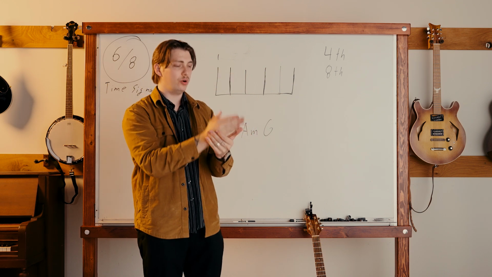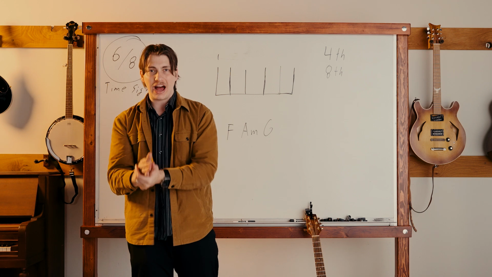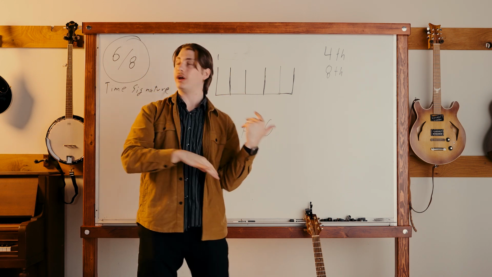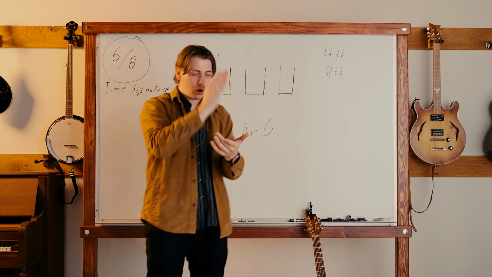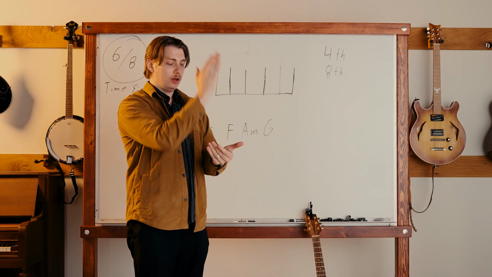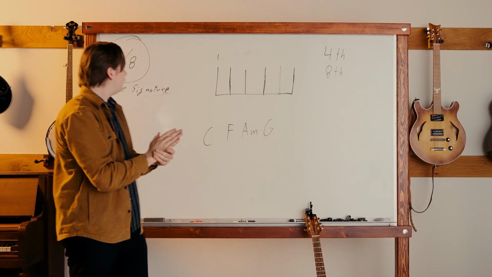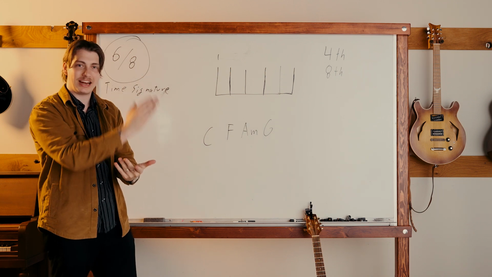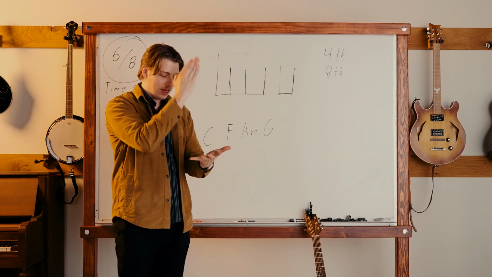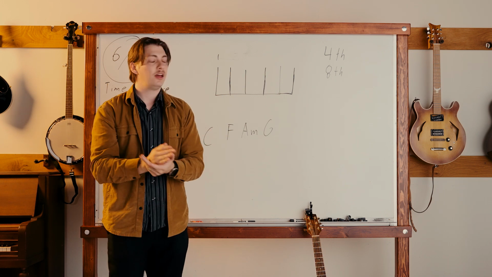If we count 7/4, 6/4, or 12/4, those are all 1, 2, 3, 4. If this number is a 4, I want you to think like this. This is kind of like the hand motion. It's really everything in its place.